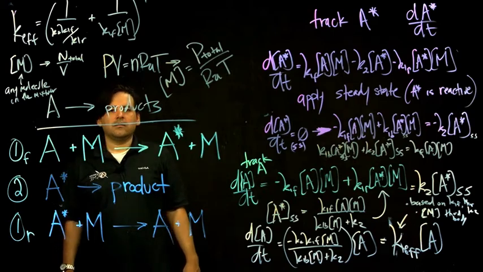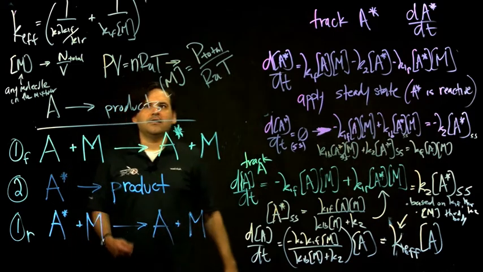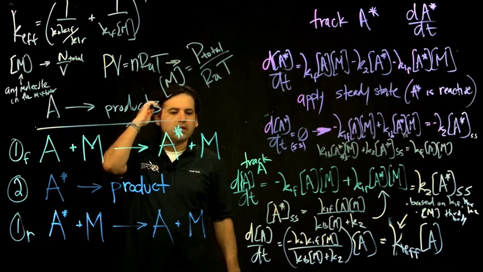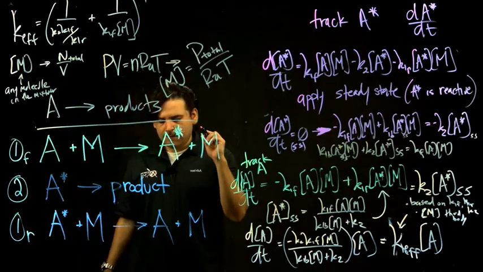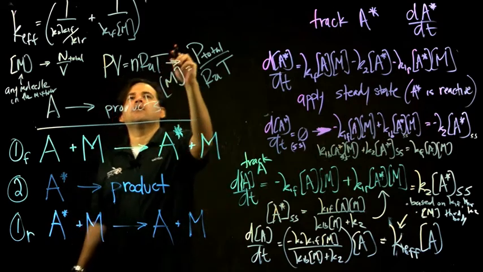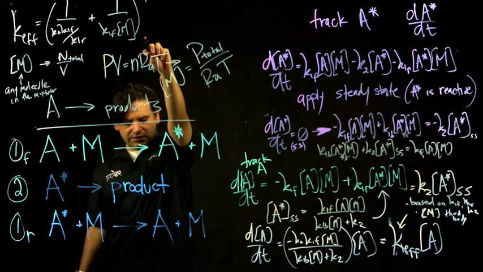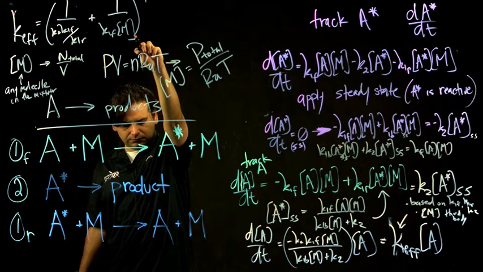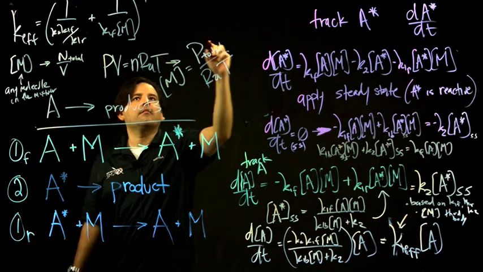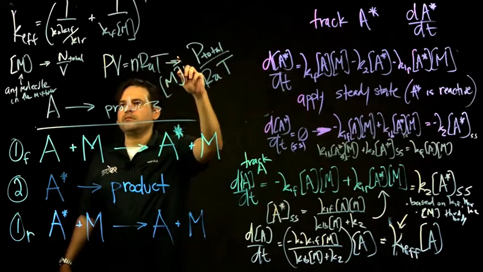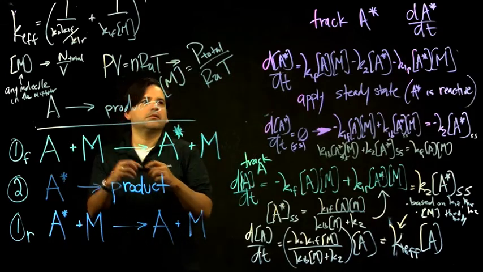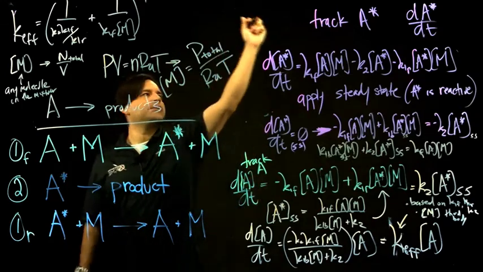So we can write limits. This depends on P and T. Let's see. Running out of space here.